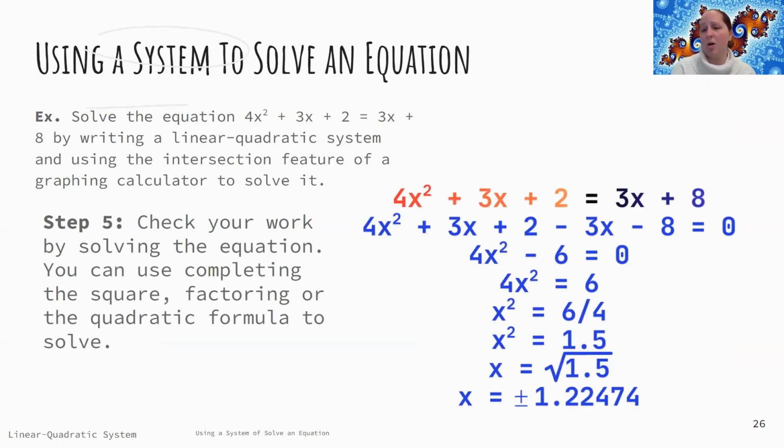So I moved 3x plus 8 to the left side of my equation. I simplified to get 4x squared minus 6 equals 0. I can divide both sides by 4, so I get 6/4, or 1.5. And then I take the square root of both sides, which gives me x equals plus or minus the square root of 1.5, which is 1.22474, the same as what we saw on our graph.